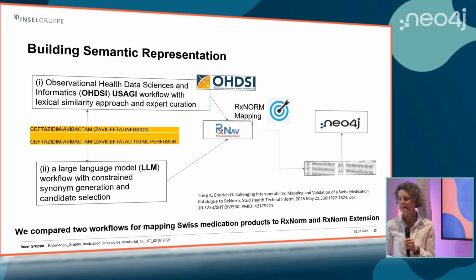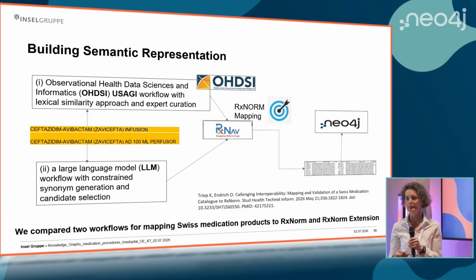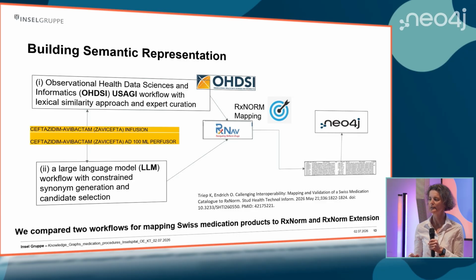So to support the mapping process and to transform all this data, we had to set up a framework which made it possible in the first place to translate, but in the second place to map to this classification. And we tried several approaches because we were not sure which would be the right way and which would get the best results for us.